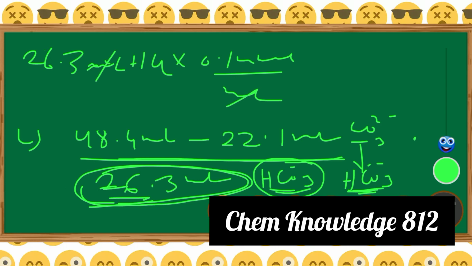The ml and ml will be cancelled and we will get millimole. By multiplying 26.3 and 0.1, we will get 2.63 millimole, and that will be equal to the bicarbonate.